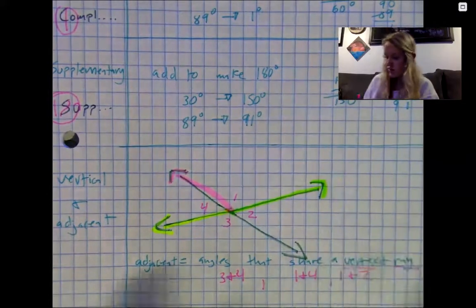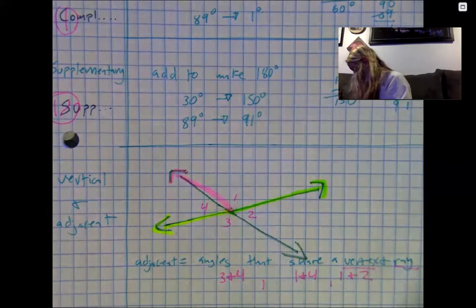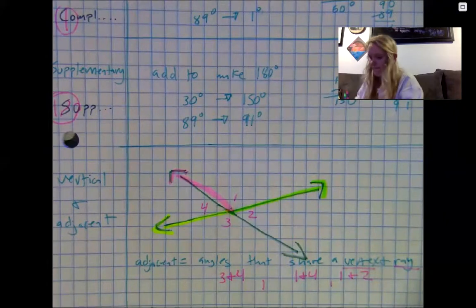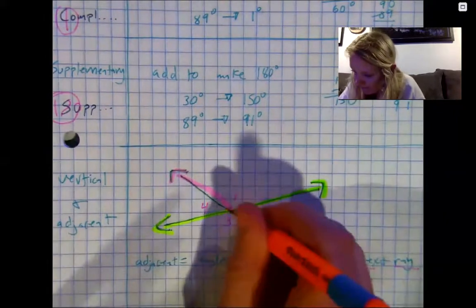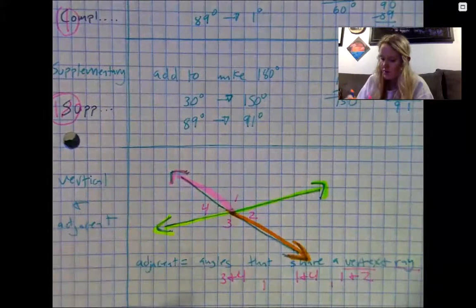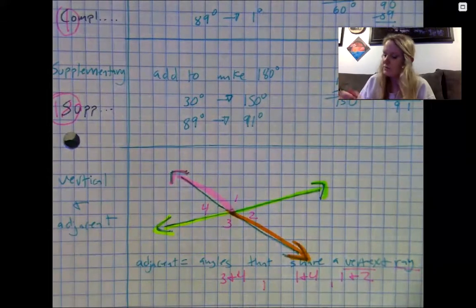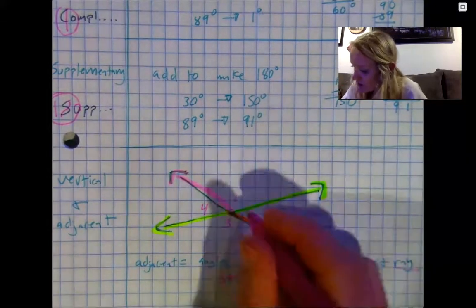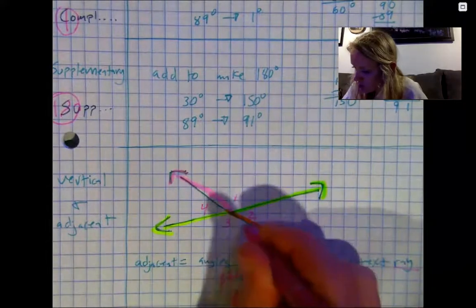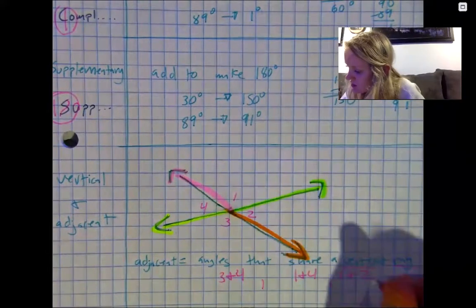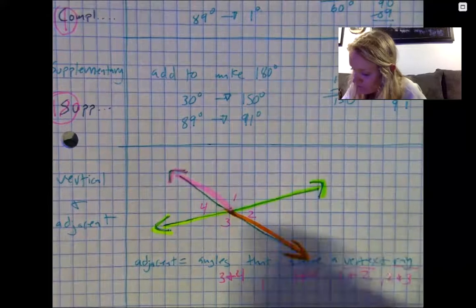1 and 2. And I know some of you are already skipping ahead and you can see the next pair. And also these share a ray, 2 and 3 touch, they share this. So 2 and 3.